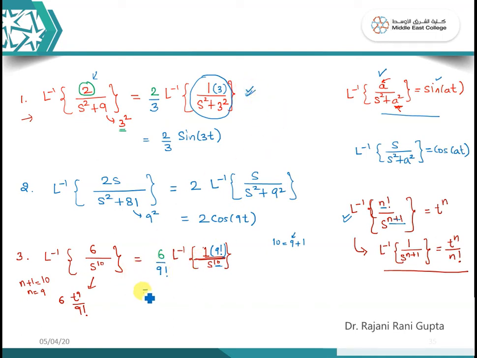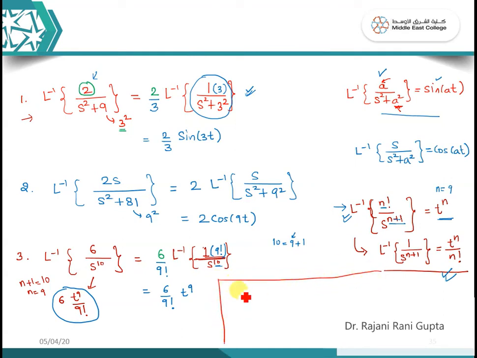So this now gives you 6 over 9 factorial, and Laplace inverse of 9 factorial over s power 10. Making use of this rule gives you t power n, where n is 9. So it gives you t power 9, which is same as if we use this rule and get the direct answer. So if we work in this way, it will be much easier.